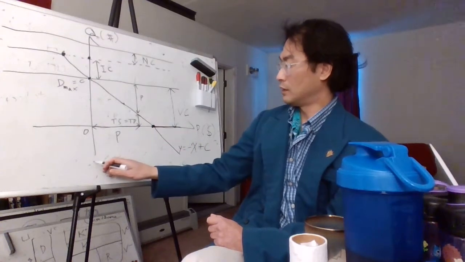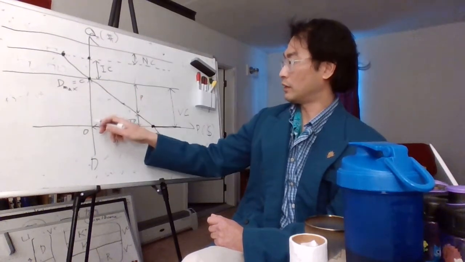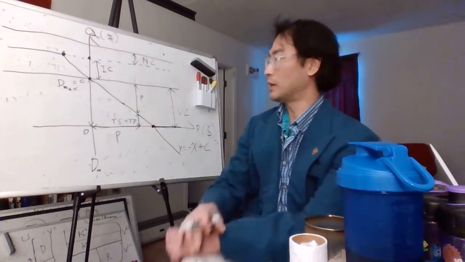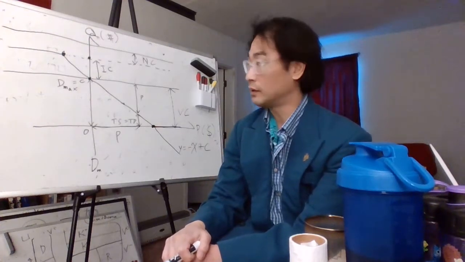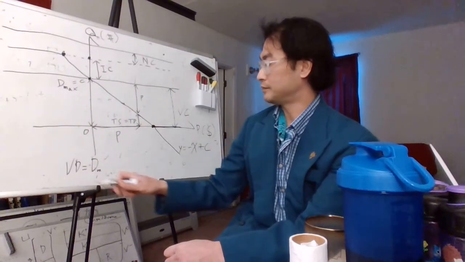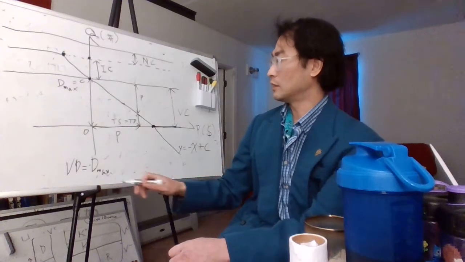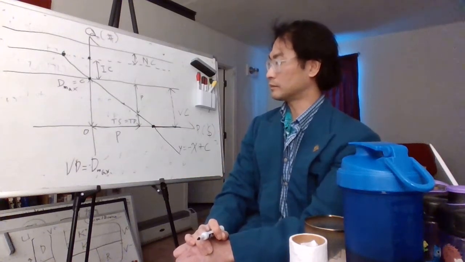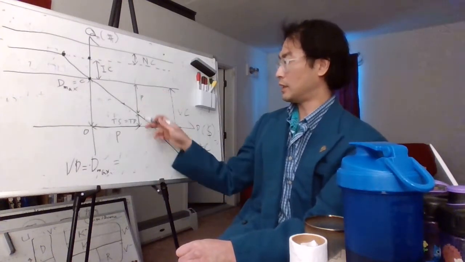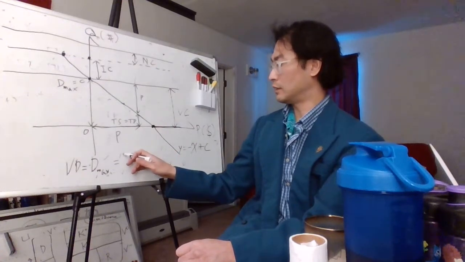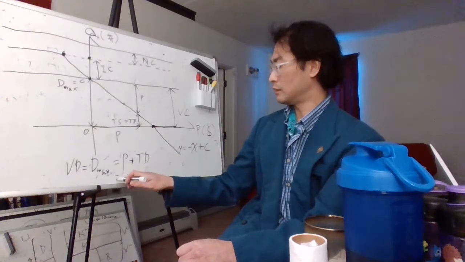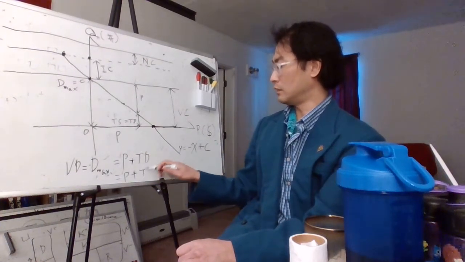So D max from here to here. D max, maximum demand, which is the same as volitional demand. So this volitional demand, which is demand max, is equal to P plus transactional demand, which is the same as P plus transactional supply.